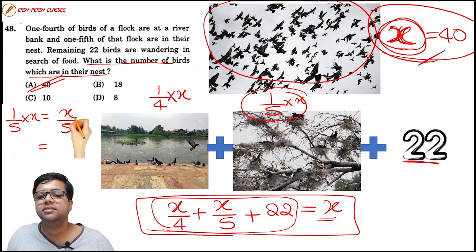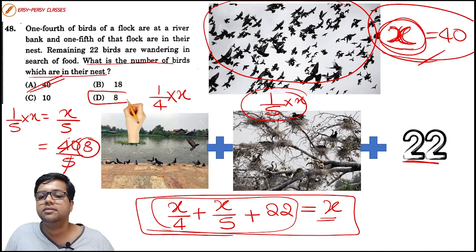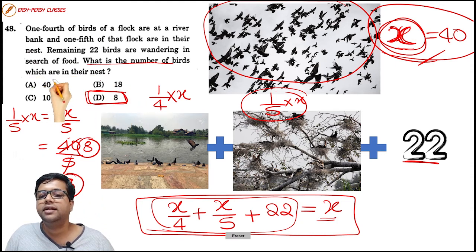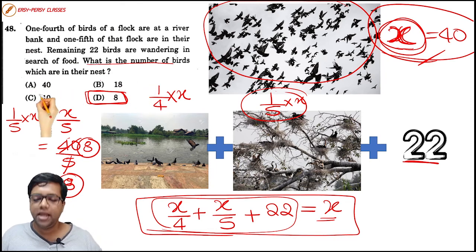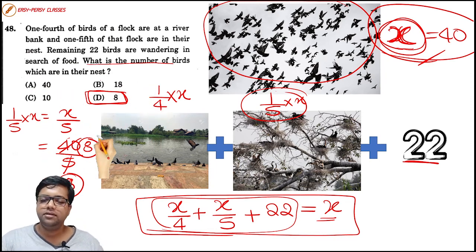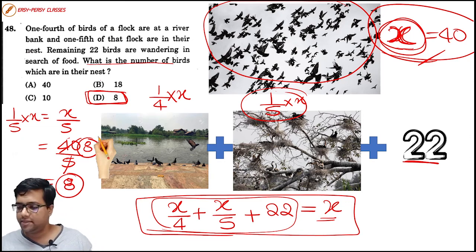So you place that value 40 over here: 40 by 5. Now divide 40 by 5. 5 eights are 40. So 8 is the right answer. Option number D is the right answer, not option number A.